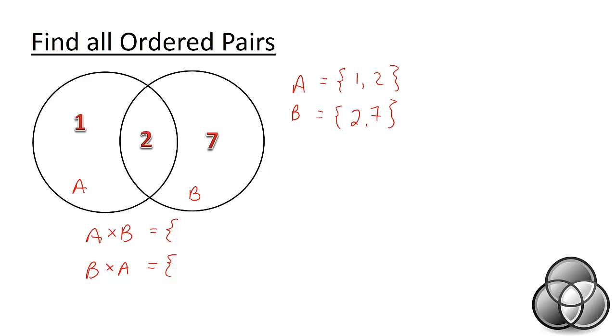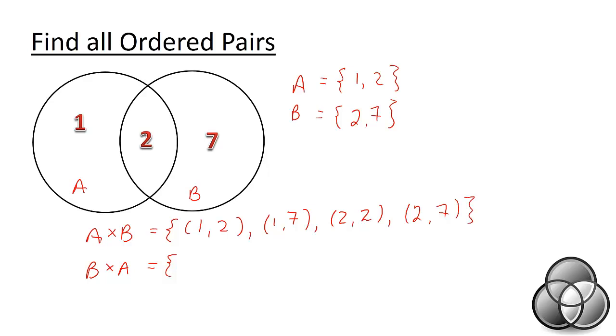A cross B is going to consist of all of the ordered pairs where I start with something in set A and I end with something in set B. So (1, 2) is a possibility, (1, 7) is a possibility. The element 2 from set A matched up with the element 2 from set B is a possibility. And then finally (2, 7).